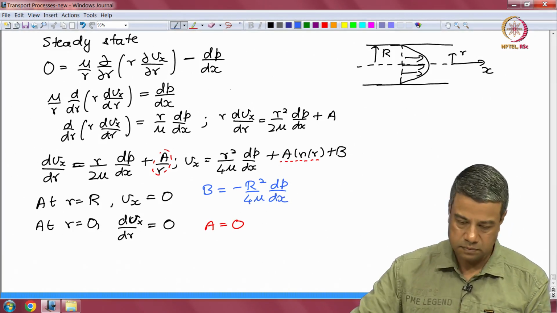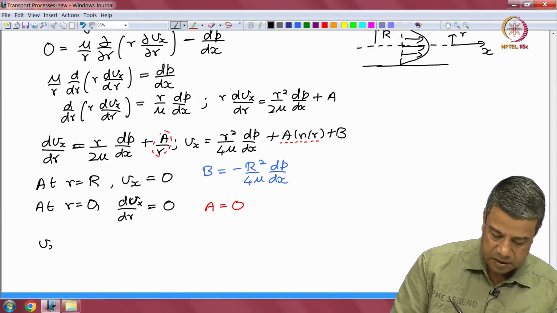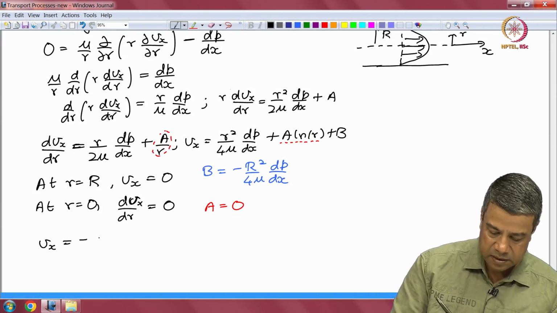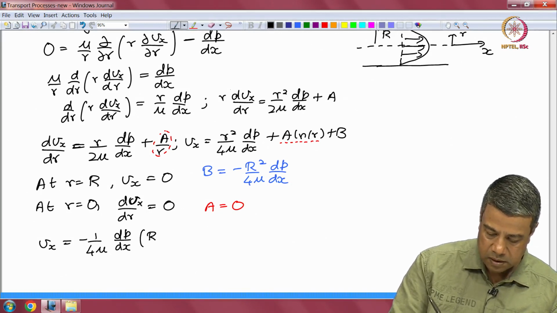Using these two constants, the velocity can be written as Vx is equal to minus 1 by 4 mu dp by dx into R square minus r square.